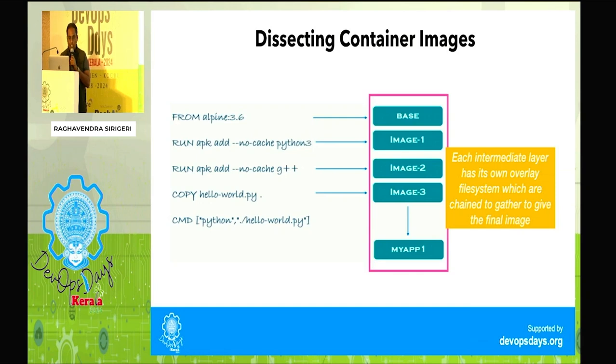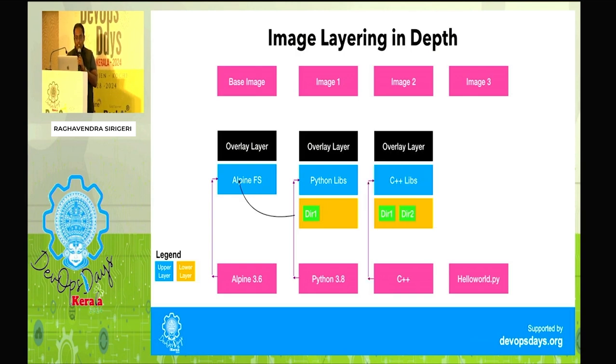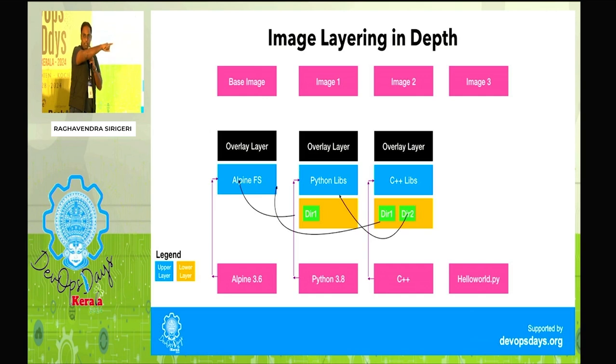Here, you see it's installing Python, right? The same one is happening here. And you can guess this again. In the third layer, both the Alpine file system and the Python libraries move to the lower layer. Okay? And whatever you want to install in that command, that is the C++ libraries, will happen in that image.